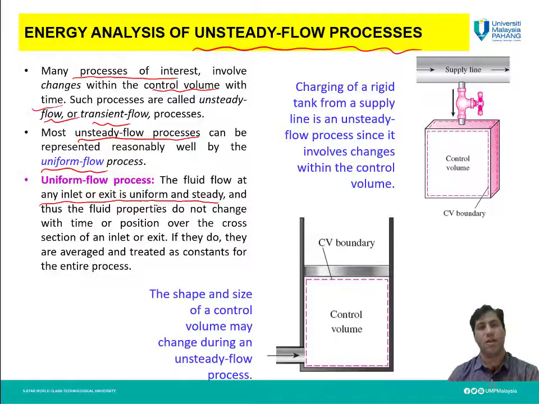In other words, in a steady flow, we had a steady flow in the whole system, and we don't have any change of the flow in the entire control volume. But here, in this type of unsteady flow, which we call a uniform flow process, imagine what we have at the entrance or at the exit of the control volume: we have a uniform flow or a steady flow.